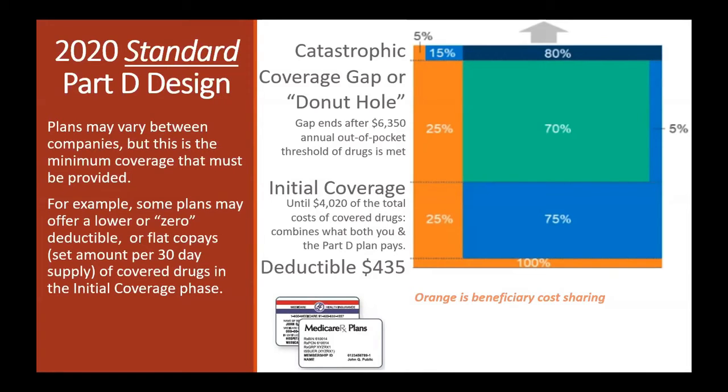There are other tools that we can use, or an agent or the senior linkage line, trusted advisors that can help you look at your specific needs so you know what options are available to you based on your county, what your anticipated copays or coinsurance would be, making sure that your pharmacies are accepted by that plan, and whether you would anticipate hitting the coverage gap. So many things come into this, but there are some wonderful tools available, and we would really encourage you to work with a trusted advisor for that assistance.